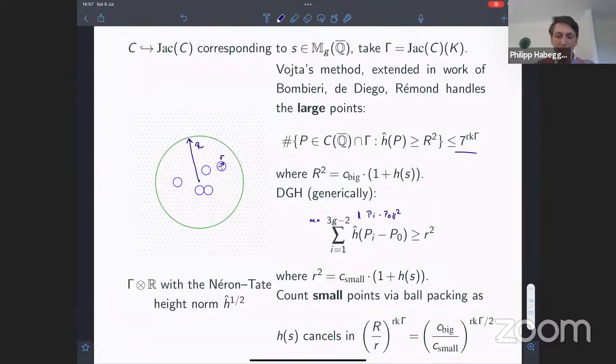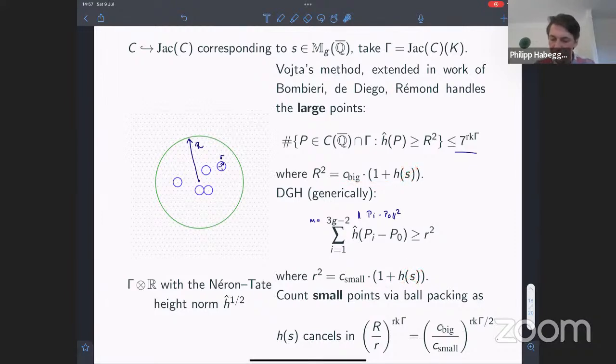Now, the number of blue disks that you need to cover this large green disk is just given by the ratio of the radii to the exponent equal to the dimension of the ambient space. That would be capital R divided by lowercase r to the rank of Gamma. And you see here that by the choice of these radii, the dependency on the height of S cancels out in taking the quotient.